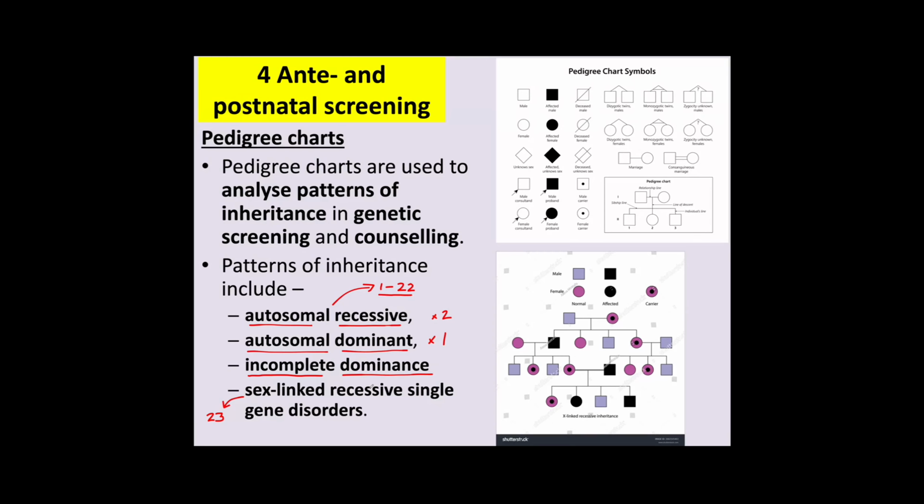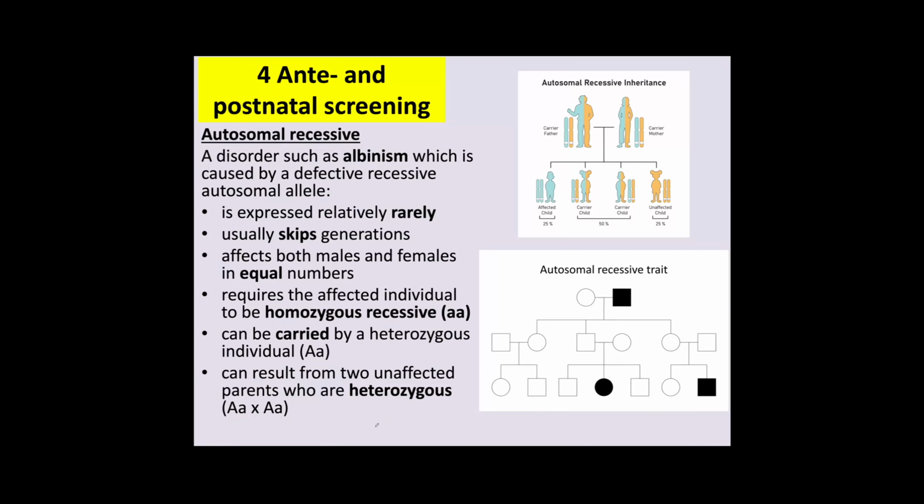There's also what's called an intermediate state, which has a reduced expression of the condition. And we'll talk more about that in a moment. And the last kind of inheritance is these sex-linked single gene disorders, okay? And they are recessive ones as well, okay? We need to know about them and be able to work them out for our exam, okay?